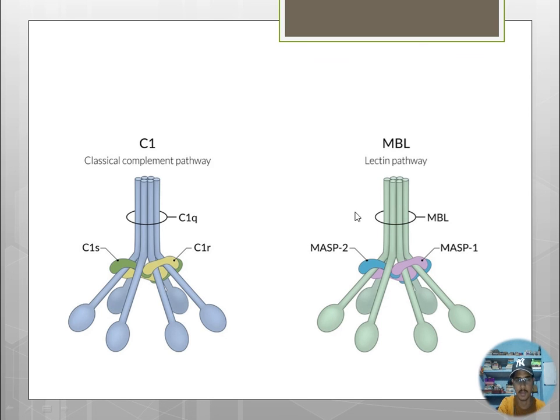Over here you can see that this MBL is similar to the C1q with six globular heads, and then two serine proteases, C1s and C1r. Over here you can see the mannose associated serine proteases 2 and 1.